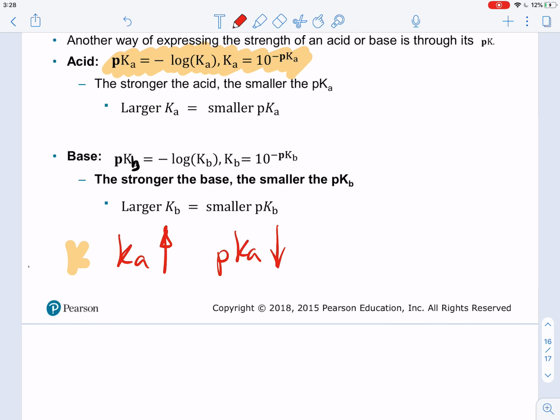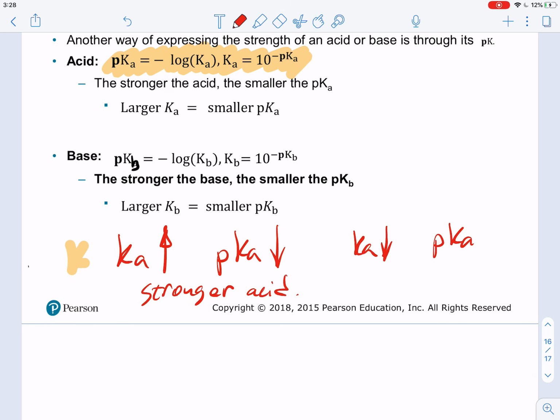So stronger acids will have that behavior: larger Ka, lower pKa, and of course, lower Kas means you have larger pKas, and that goes for weaker acids.